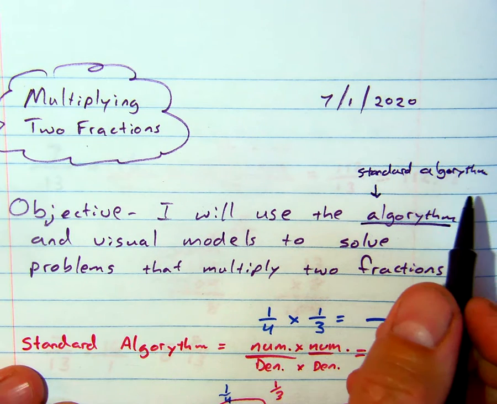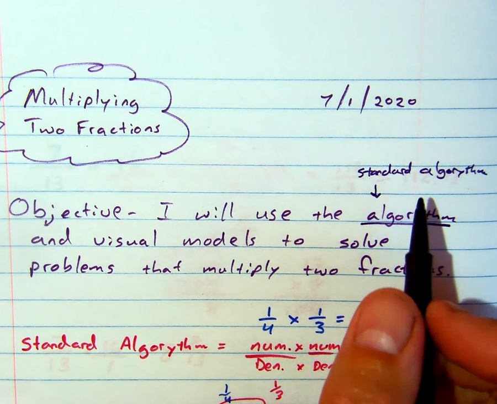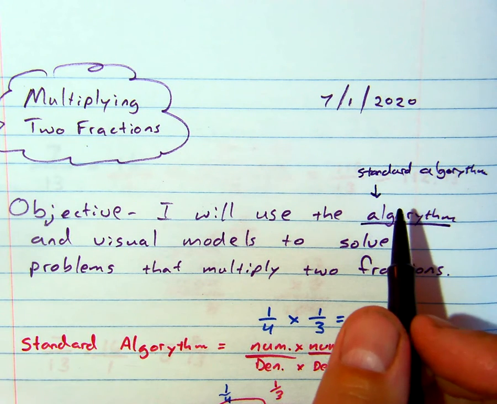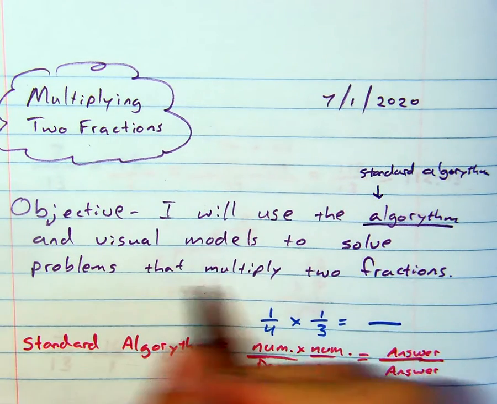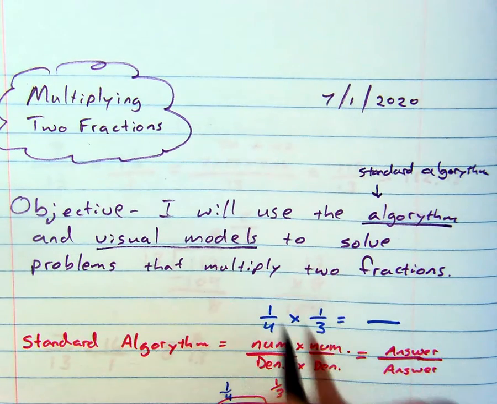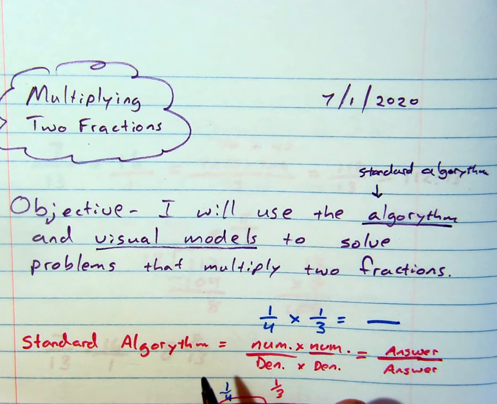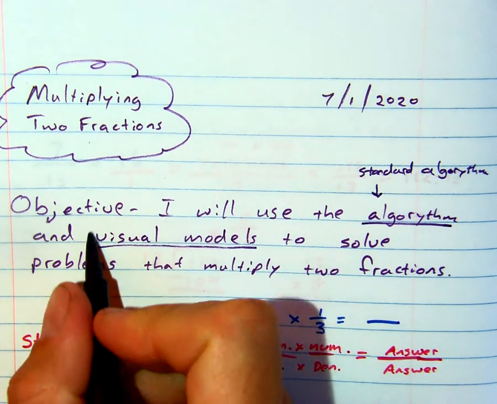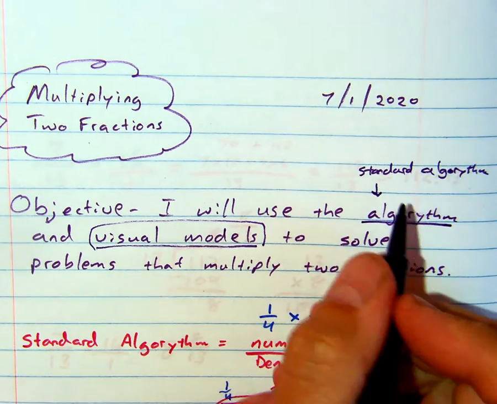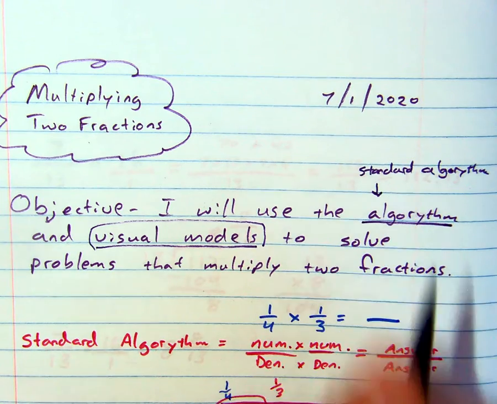This is also the way most adults have been taught math. So we'll be looking at that method, but we're really going to focus in on visual models because this will help you conceptualize multiplying fractions. It will also help you understand it, and you're definitely going to see these visual models. So let's not just crutch onto the standard algorithm.